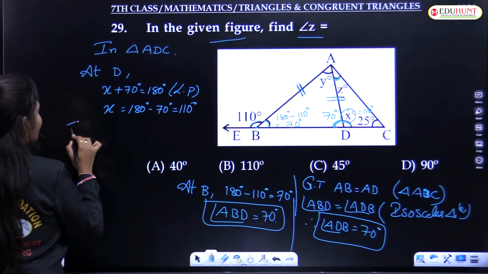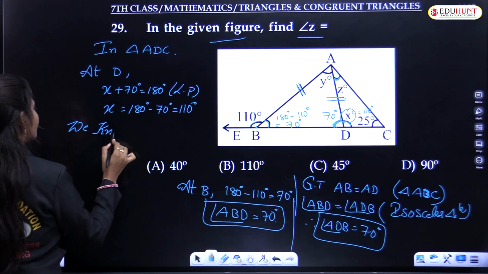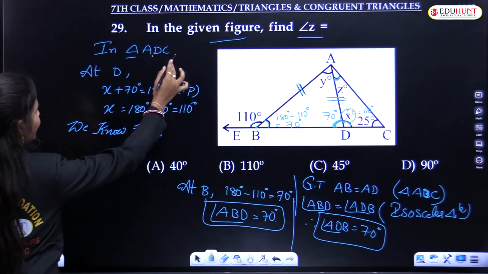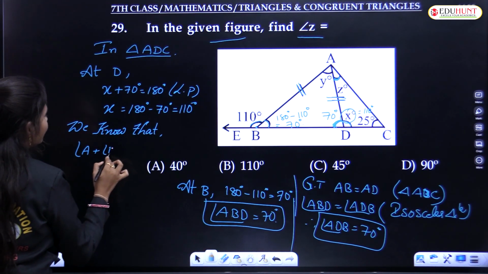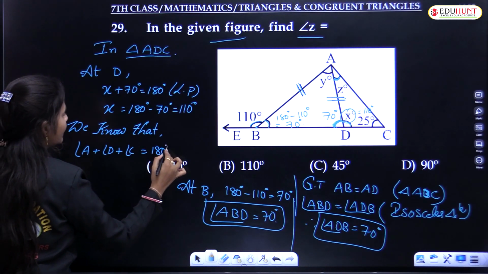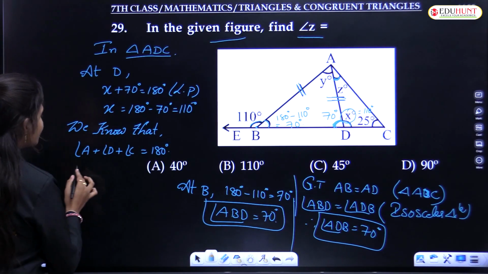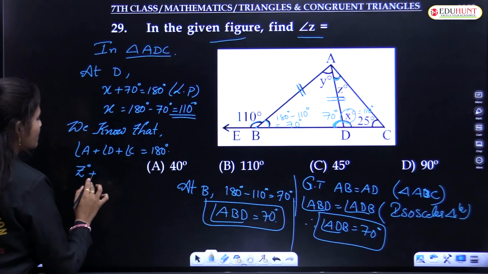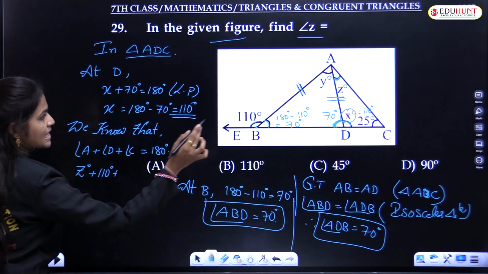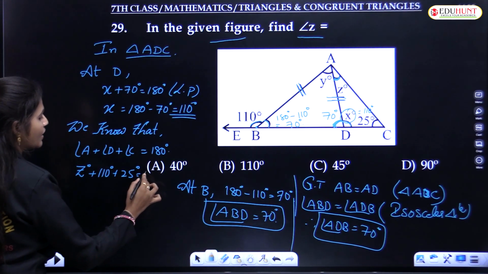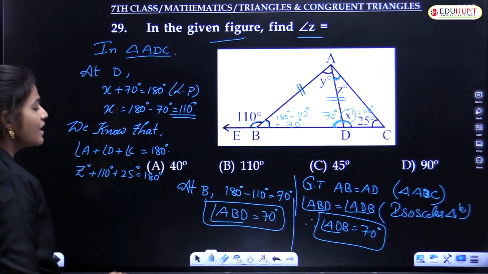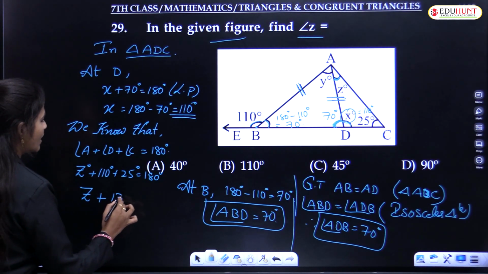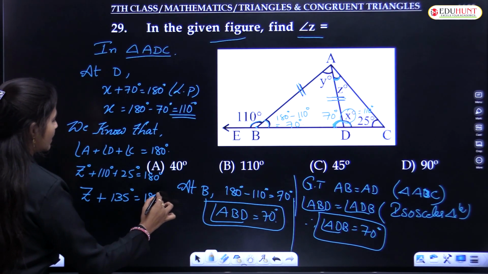And here we know the condition in triangle ADC: angle A plus angle D plus angle C is equal to 180 degrees. Angle A is Z, angle D is x, which is 110 degrees, and angle C is 25 degrees. So Z plus 110 plus 25, which is 135 degrees, is equal to 180 degrees.